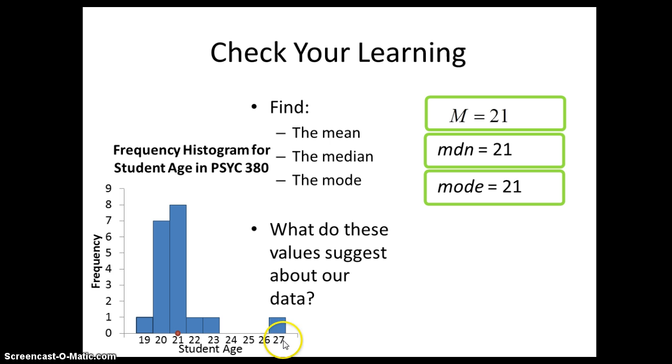However, in this case, we have this one student who's way out here, age 27, and we can evaluate whether or not this individual is an outlier by looking at the standard deviation of our distribution of scores and determining whether or not it is beyond 3 standard deviations above the mean.